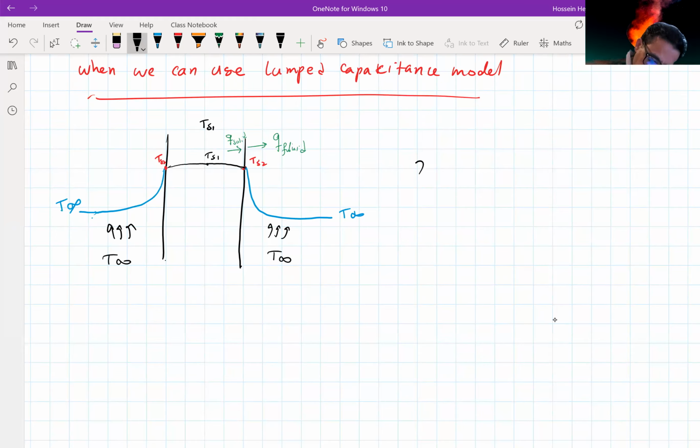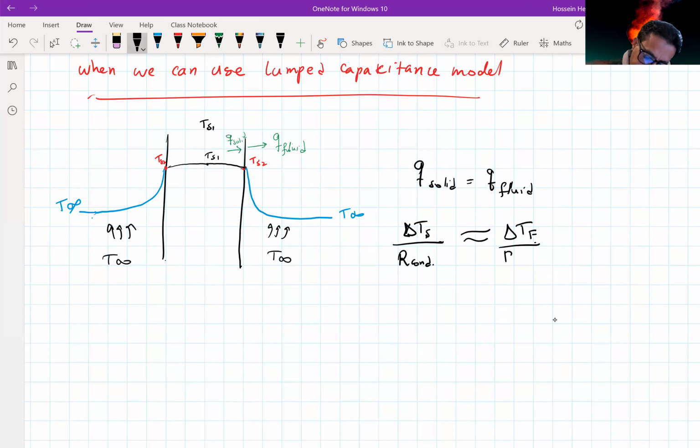So Q conduction in solid equals Q convection in fluid, or in terms of temperature, delta T of the solid, the temperature difference that exists inside the solid, divided by the resistance of solid or conduction, is equal to delta T of fluid divided by the resistance to convection.